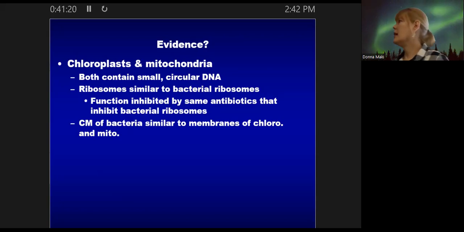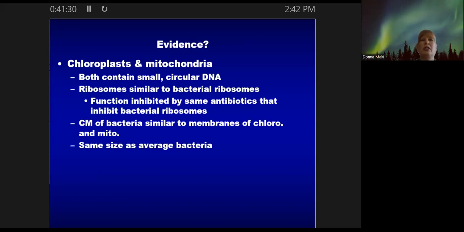The membranes of the chloroplast and the mitochondria are very similar to bacterial cell membranes. And just physically, they're about the same size as typical bacteria. There's other evidence. I'm not going to keep going, but the evidence has grown for this idea.